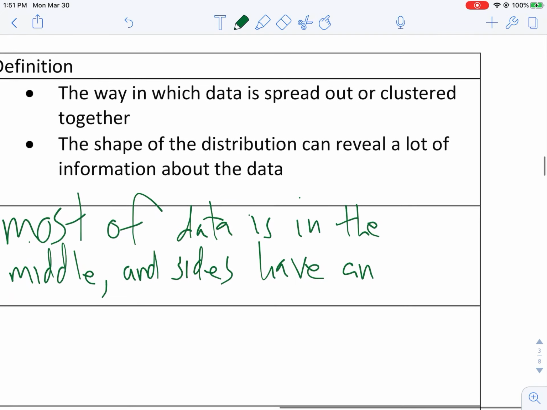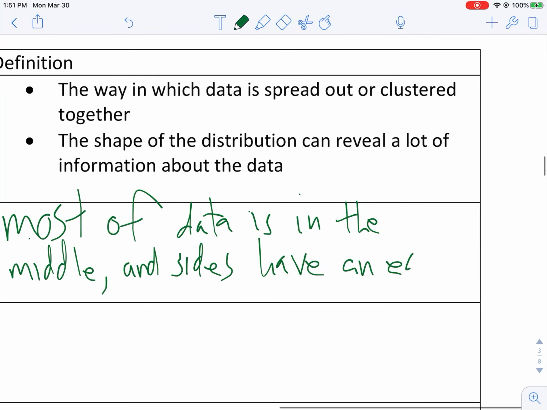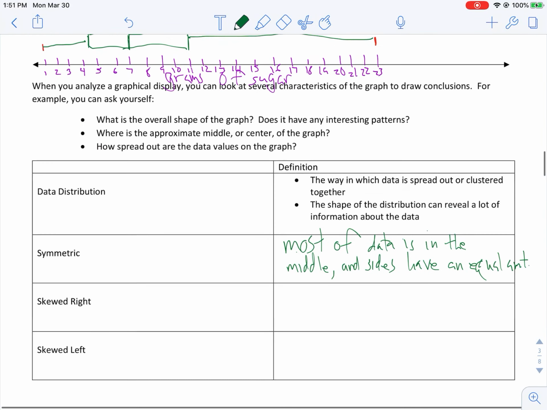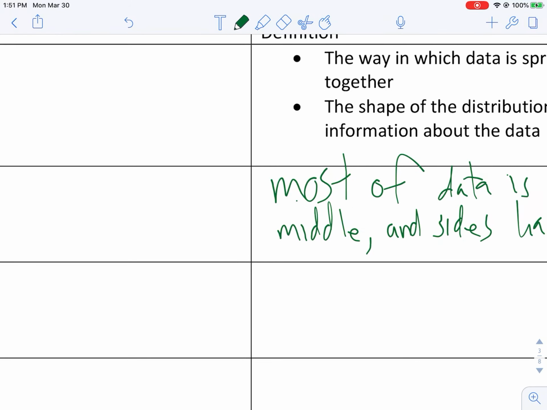I should say an equal amount. Okay. Skewed right. We talked about this on last night's video. Skewed right. Most data is on the left.